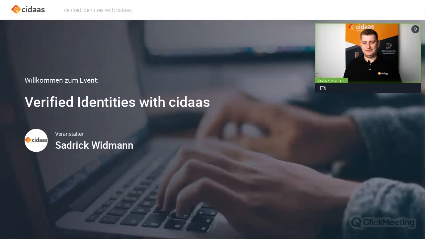I think these are all the questions, if I didn't miss anything. There's just someone typing. So there was one more question, which frameworks are supported? Not exactly sure what frameworks you mean.